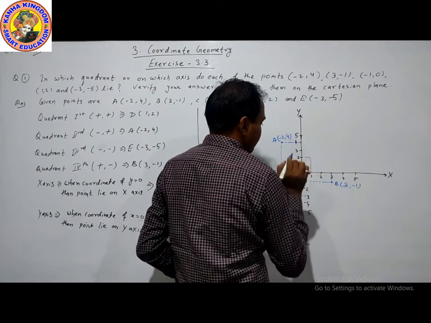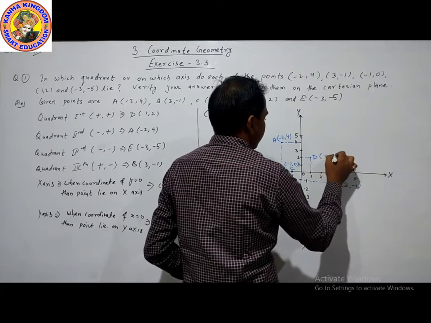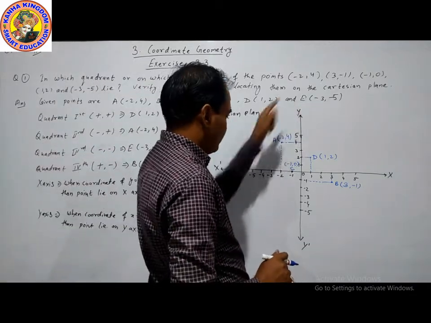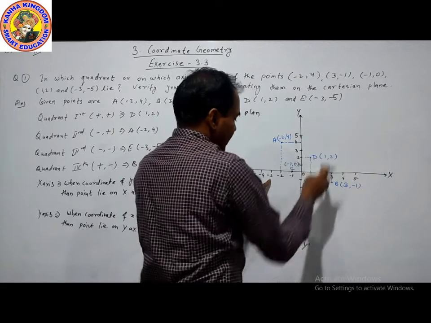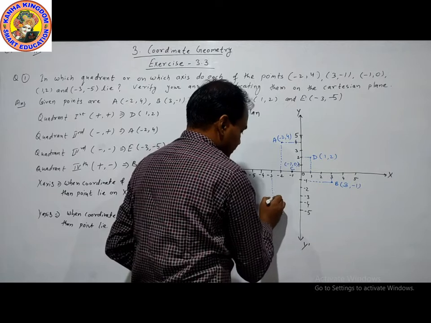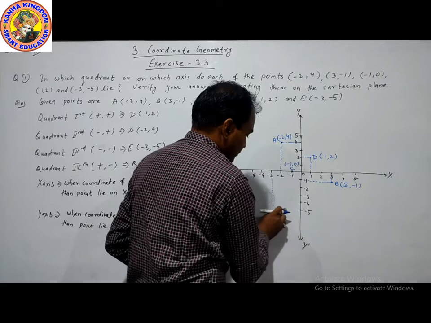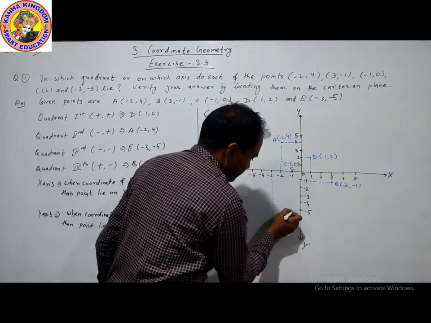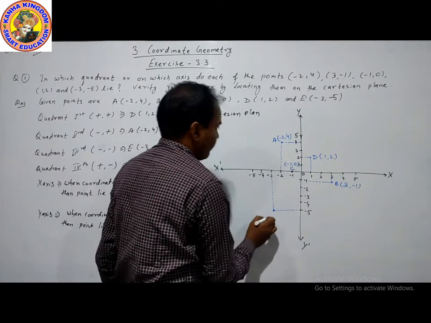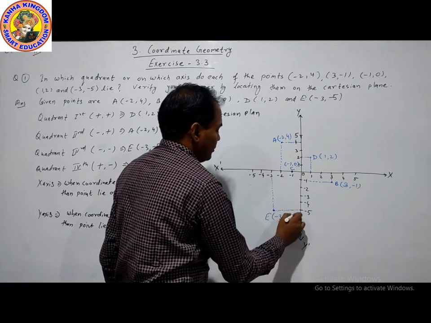Here point D (1, 2). Now point E. X is -3, y is -5. So here point E (-3, -5).